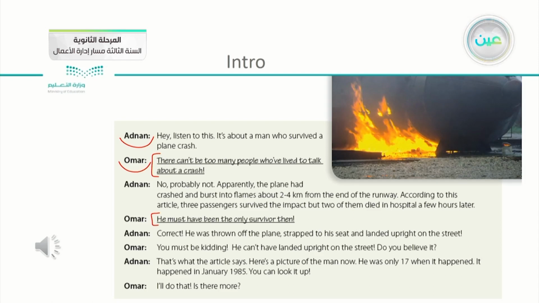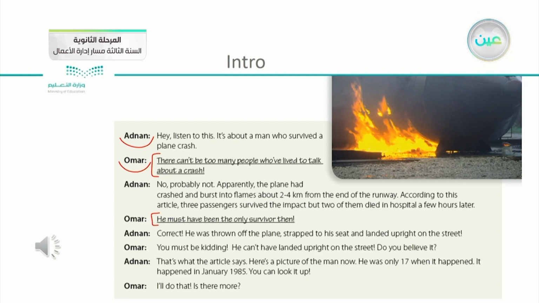Hey, listen to this. It's about a man who survived a plane crash. There can't be too many people who've lived to talk about a crash. No, probably not. Apparently, the plane had crashed and burst into flames about 2 to 4 kilometers from the end of the runway. According to this article, 3 passengers survived the impact, but 2 of them died in hospital a few hours later. He must have been the only survivor then.